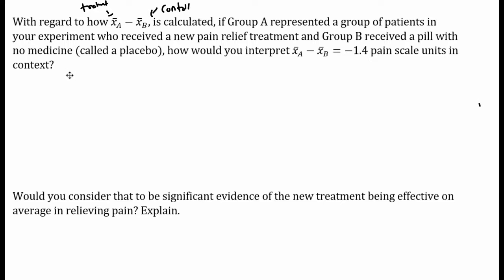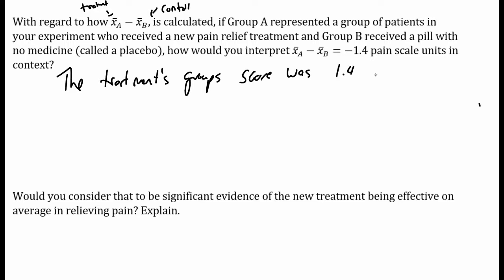So Group A, the treatment group, score was 1.4 units less than the control group's.